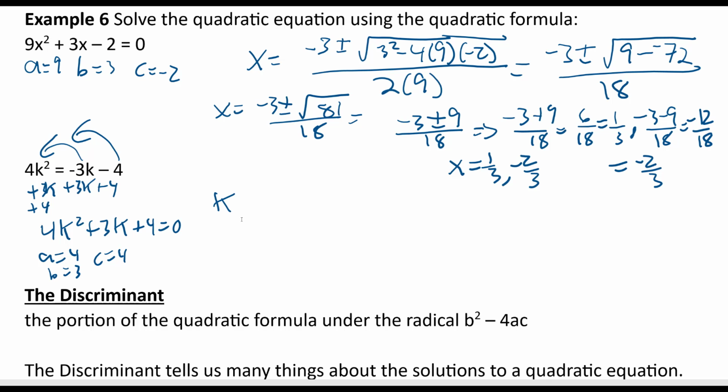So k is going to be negative b, which is 3, plus or minus the square root of b squared, that's 3 squared, minus 4 times a, which is 4, and c is 4 as well, all over 2 times 4.